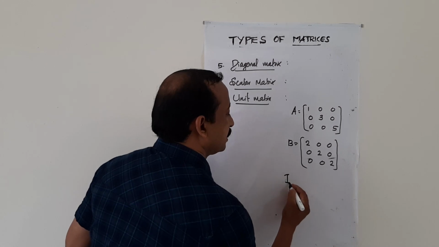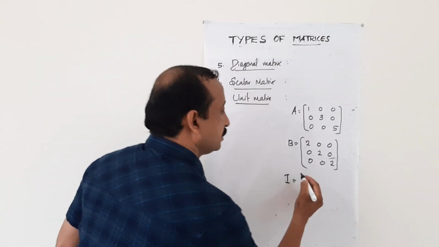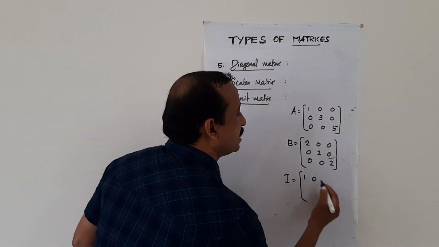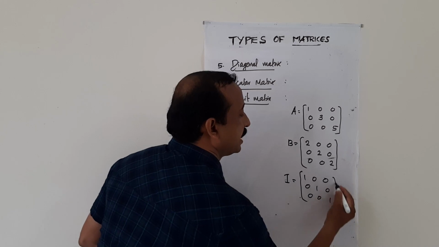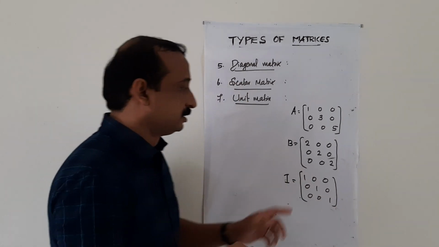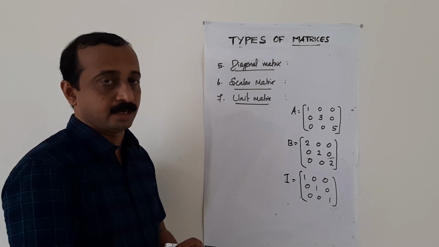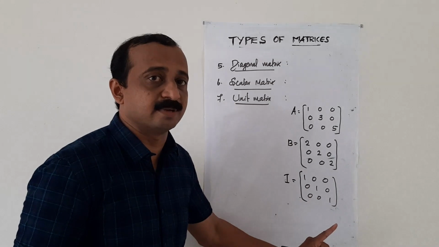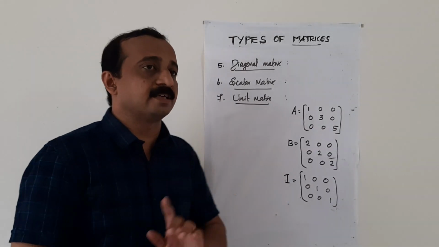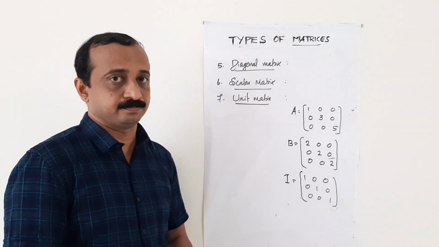Unity matrix, generally we denote by symbol I. That is, here 1 0 0, 0 1 0, 0 0 1. Actually, it's a scalar matrix, but these non-zero elements are unity. Our definition says that a diagonal matrix in which the non-zero elements are unity, that type matrix is called unity matrix or identity matrix.